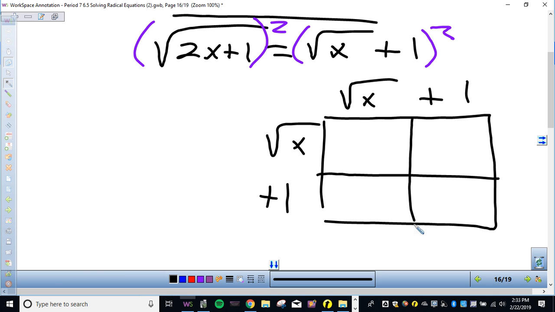Does that confuse you? It's not a bit, right? You can get through that. Square root of x times square root of x is what? X. 1 times the square root of x is 1 square root of x.